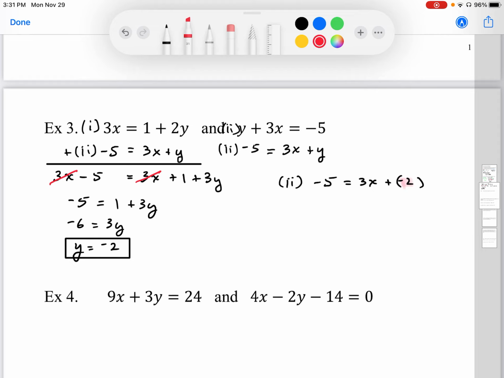That negative 2 here came from this solution over here. Okay, and then I can solve for x. I'm going to add 2 to both sides. So I'm going to end up with negative 3 equals 3x. Then I solve for x, dividing both sides by 3. I'm going to end up with x equals negative 1. And there's my solution for x and y.